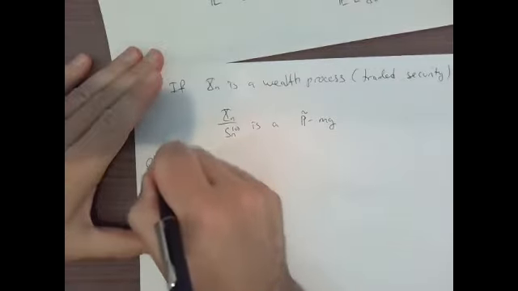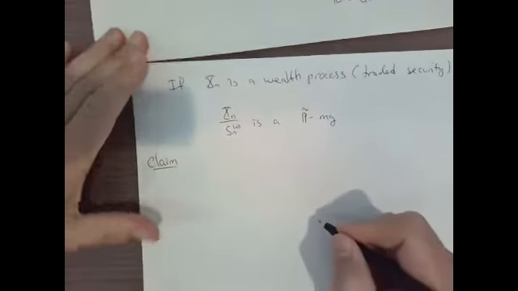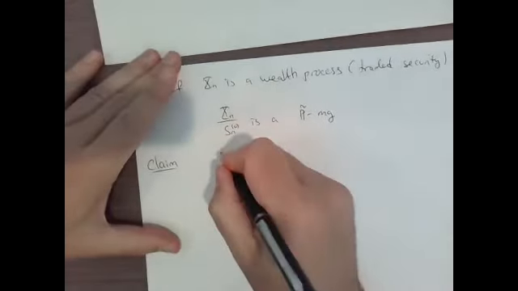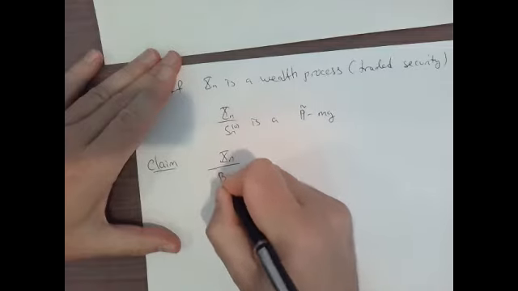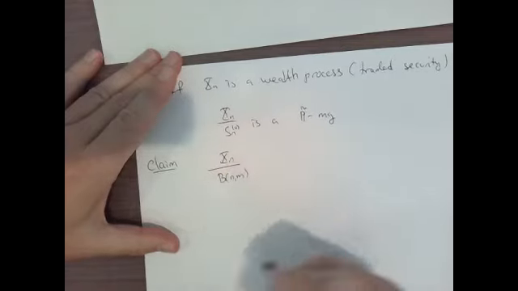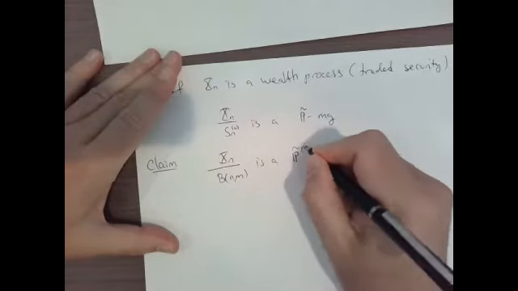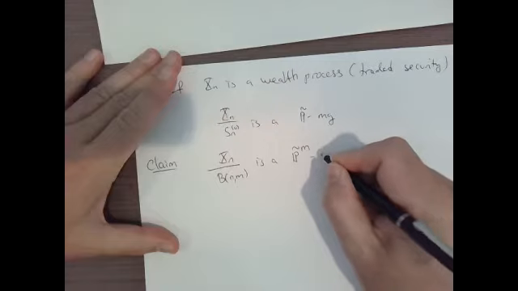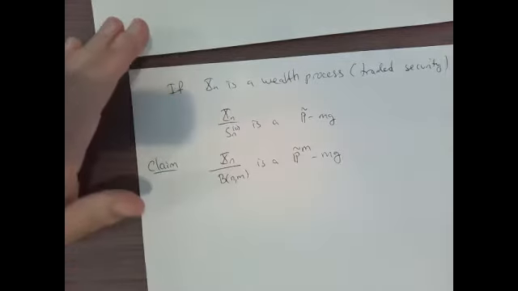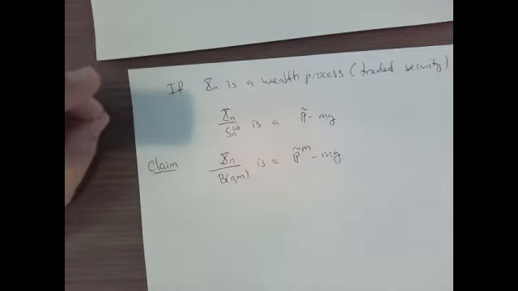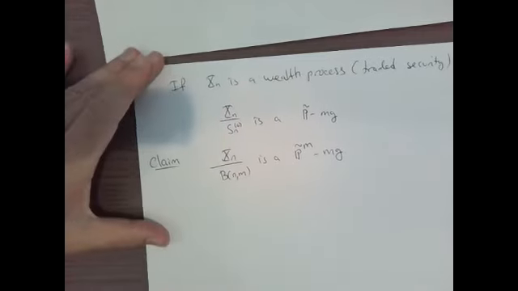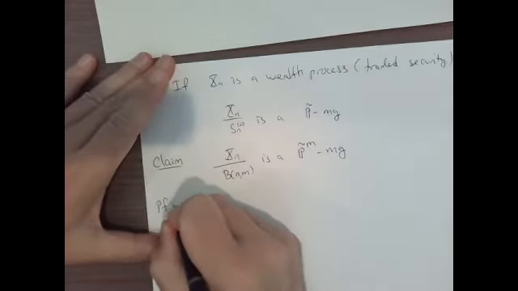We had that one earlier today too. And so what's the claim? Well, the claim is that Xn divided by BnM, this is a P tilde M martingale. That's the proof of the claim.